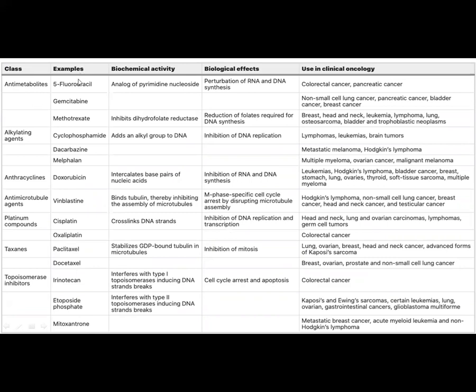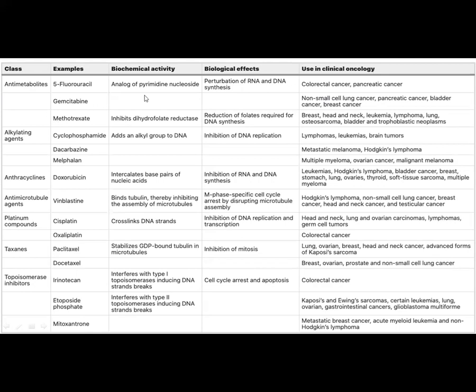Antimetabolites. Examples are 5-fluorouracil, whose biochemical activity is as an analog of the pyrimidine nucleus. The biological effect is perturbation of RNA and DNA synthesis. Used in clinical oncology for colorectal cancer, pancreatic cancer, non-small cell lung cancer, bladder cancer, and breast cancer.